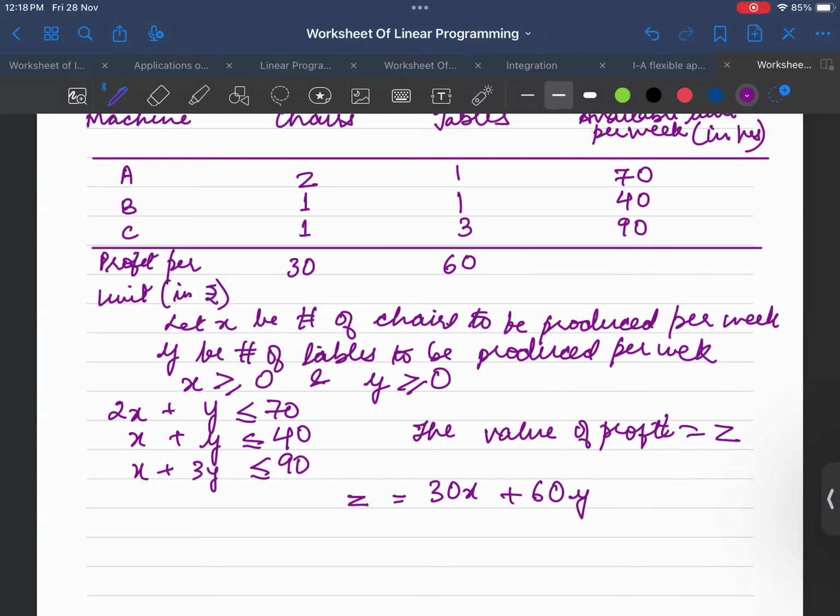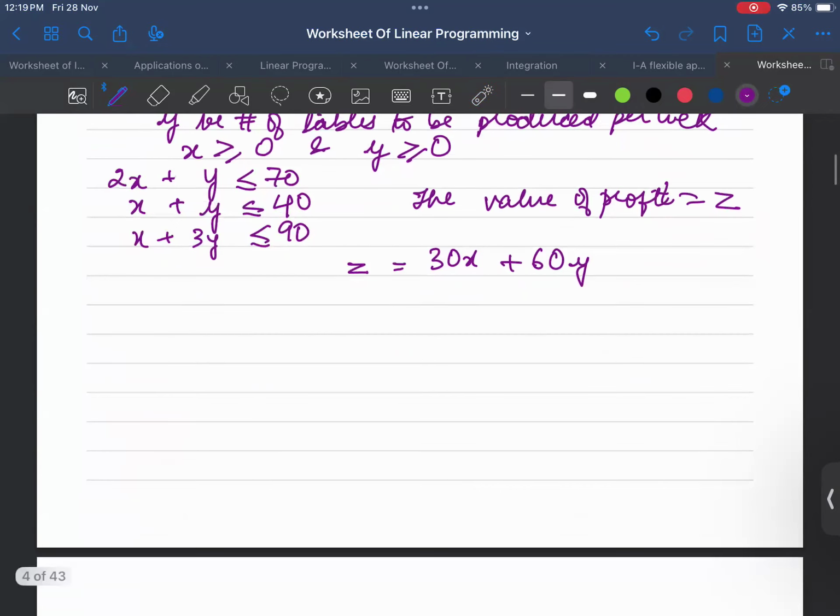If we are producing x chairs, then it will be 30 into x profit. In the same way for the tables, if we are producing one table, then 60 rupees profit. But if we are producing y tables, then it will be 60 into y. Is it clear? Profit function.